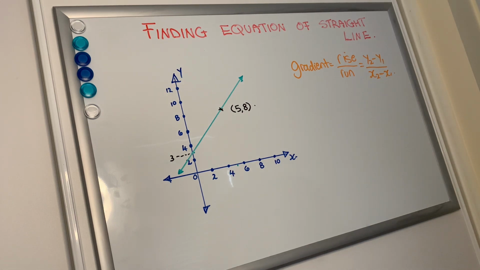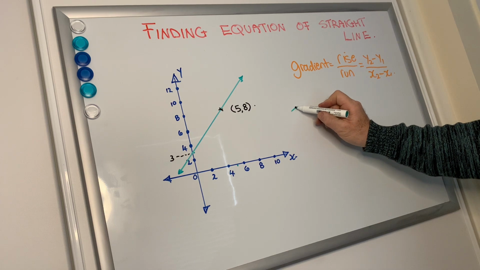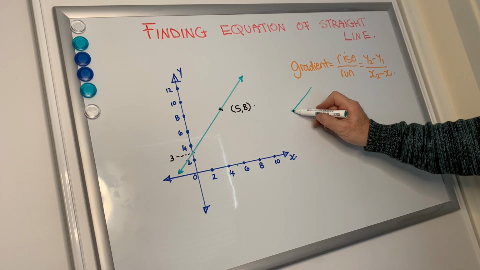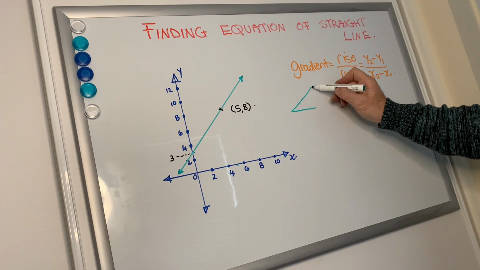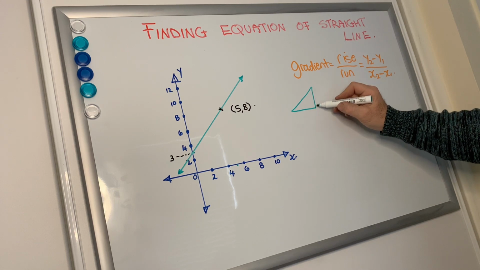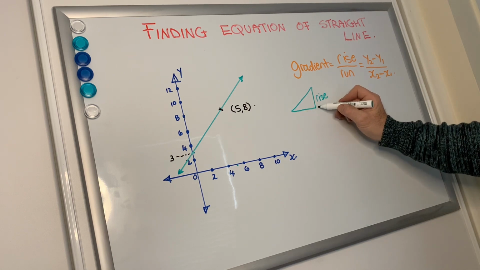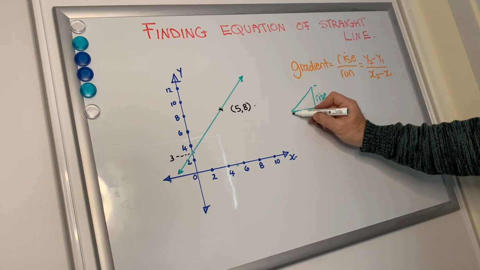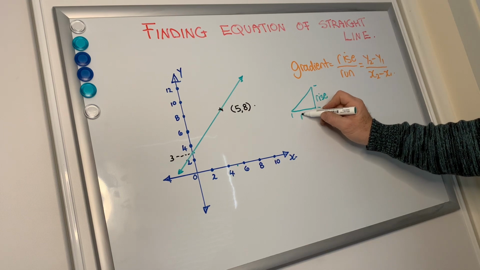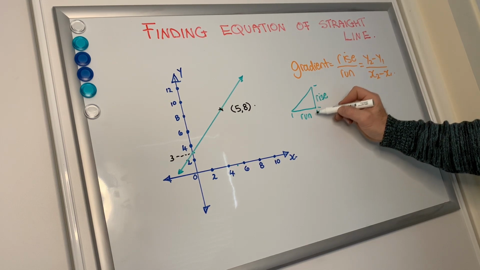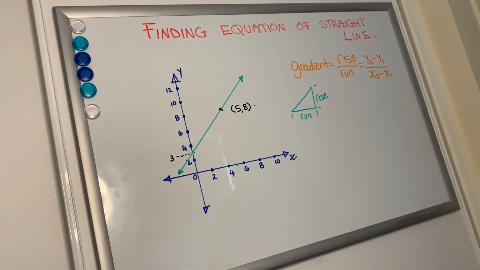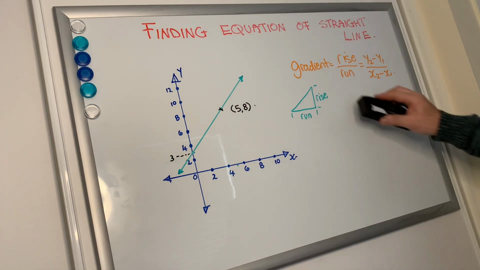Just to go back over some prior knowledge, we had a rise, from there to there, and then we divided it by our run value. So it was a rise over the run. Just to go back through some knowledge on gradient, because we will use that knowledge in this exercise here.